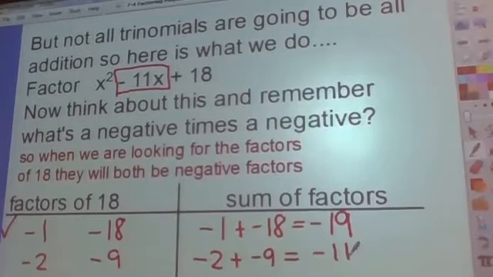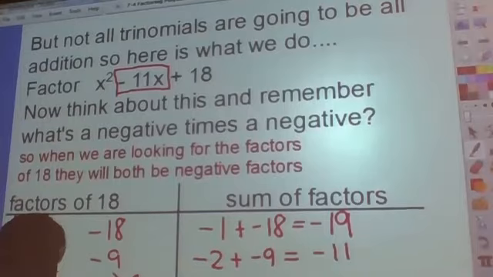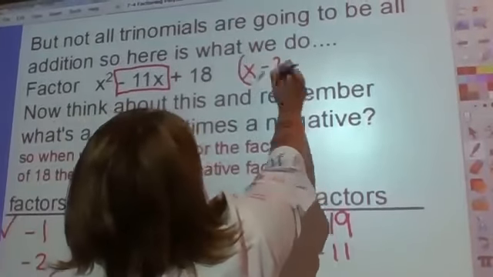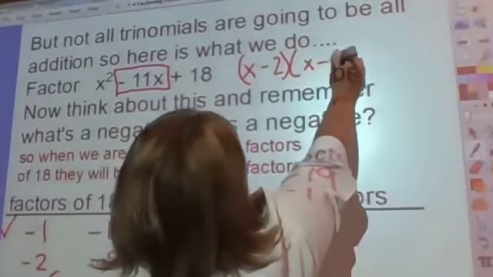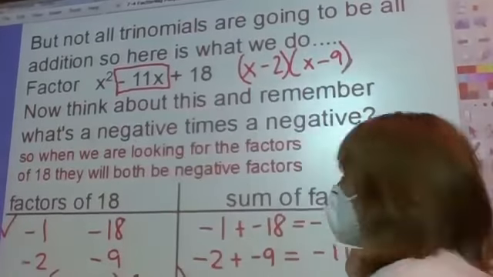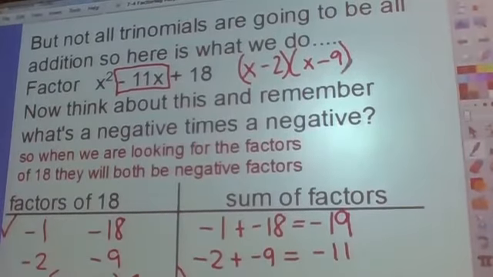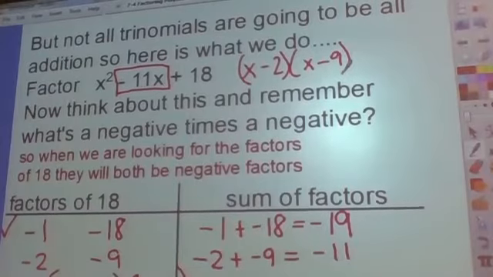So here's what it would be: x minus 2 times x minus 9. So you have to be careful and look at the problem. Okay, got it? Did you write that down?